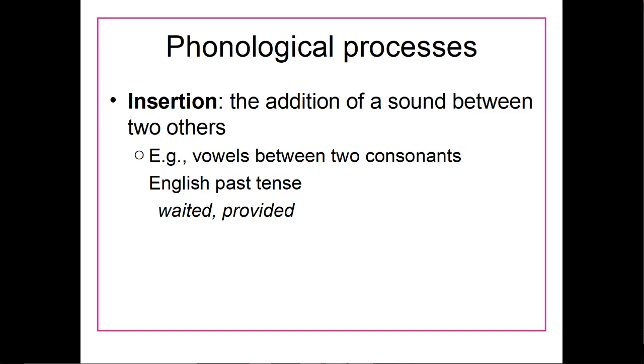So wait becomes waited. We have that vowel in there because just saying "wait" and then "d" would be pretty hard. Like "waitd," yeah, it's hard to say, and you can try it if you want to. I just did. But basically, that's another one where it's making things easier to say.